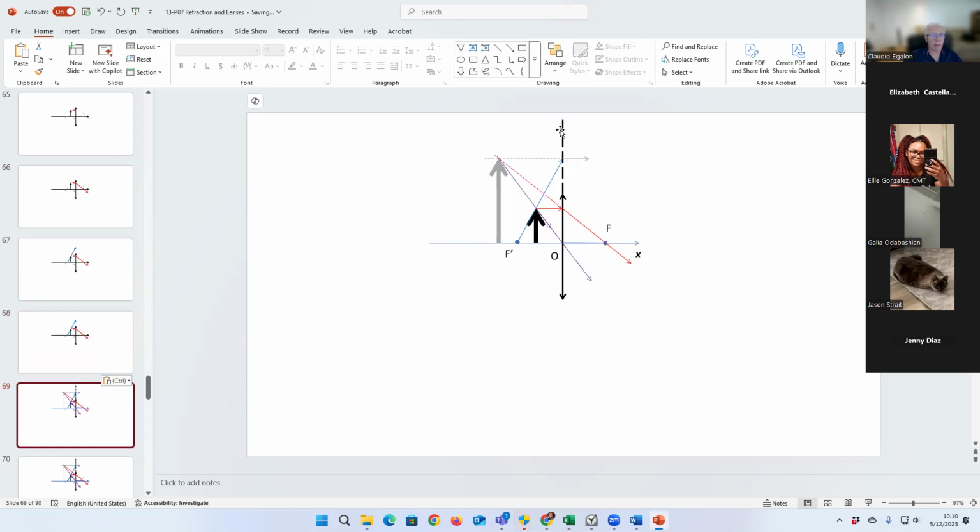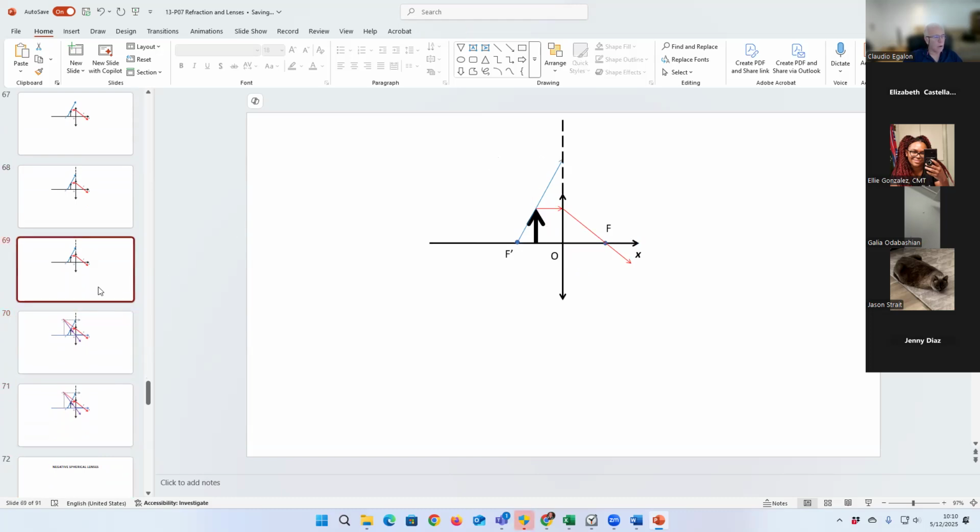What I'm going to do is put this extended line here, this line that extends my lens. And then this light ray will have to be parallel to the axis of the lens.